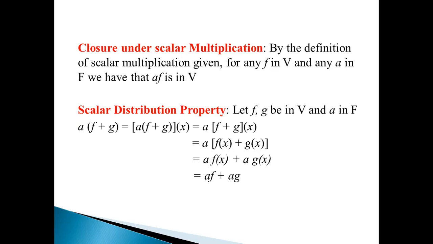Then we want to check if it's possible to distribute a scalar over two vectors. The word vector in our case refers to a map, because we are dealing with a set which contains maps. So we want to show whether a times f plus g is af plus ag. Following carefully the definition of addition and scalar multiplication given, it is indeed the case that a times f plus g equals af plus ag.